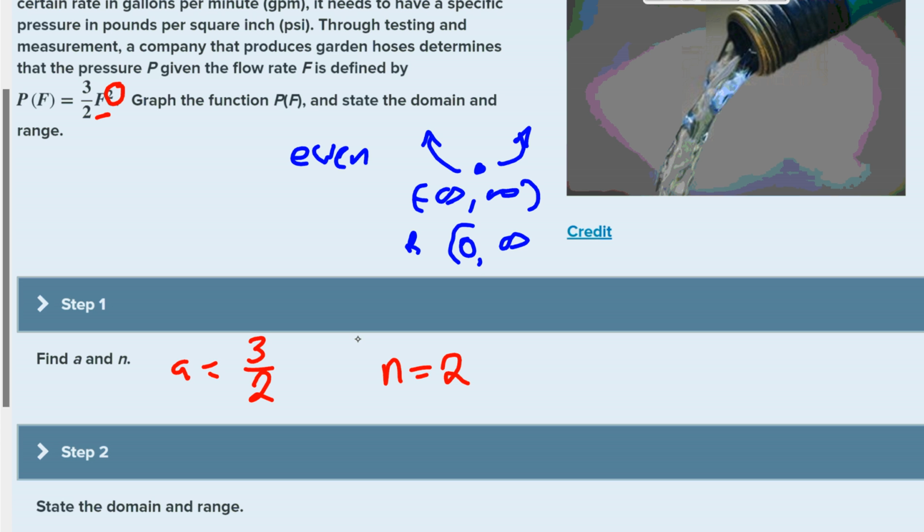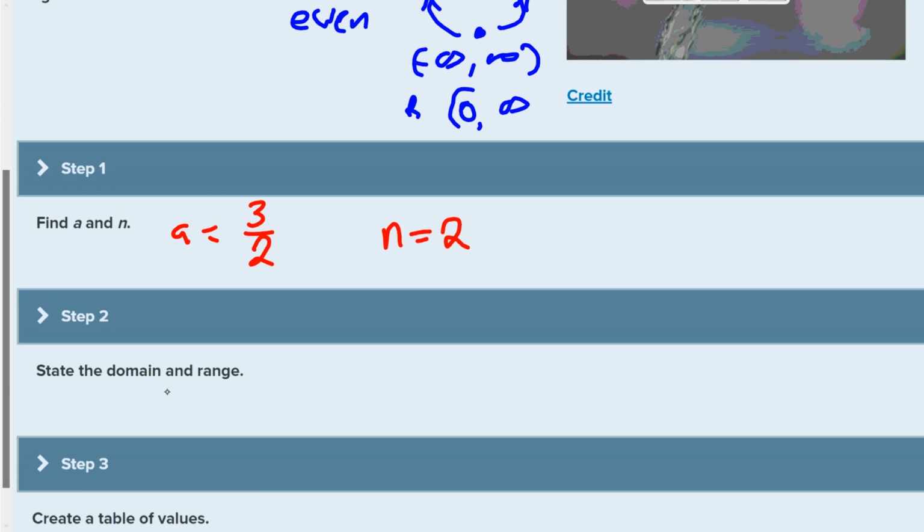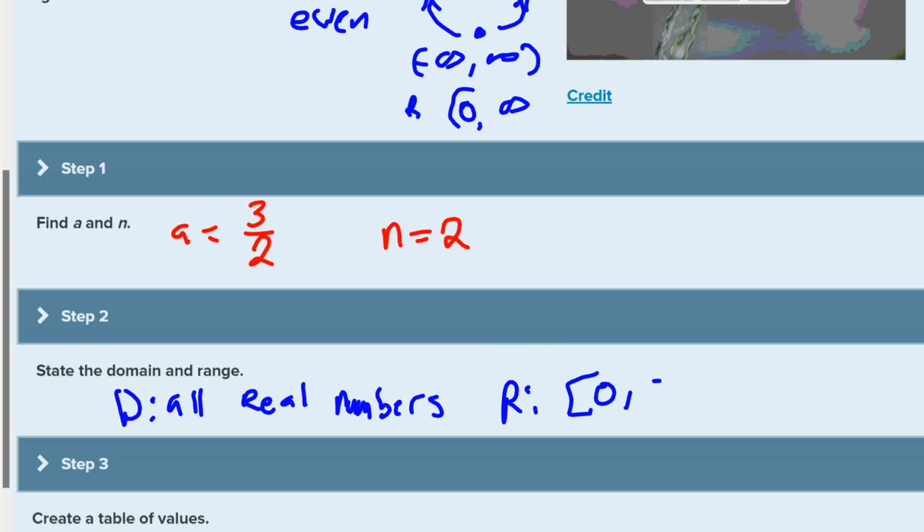Because it's a degree of 2, so it's even, and it's a positive a, it's going to look like this. So our domain is all real numbers, and our range is just from 0 to infinity. Okay, so there's our domain and range.